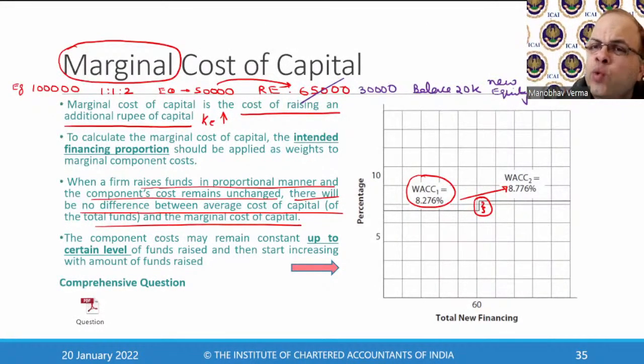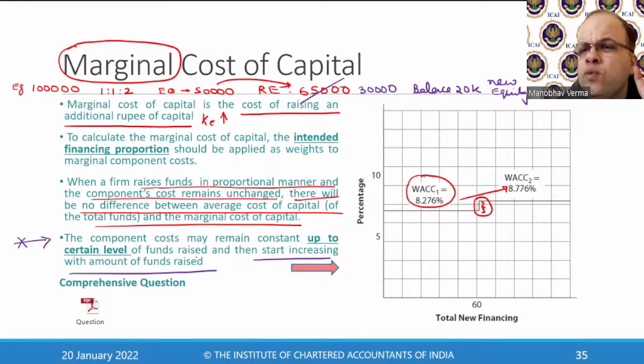I have to raise fresh equity share capital. So this is what we are talking about here. The component costs remain constant up to a certain level, and then they will start increasing with the amount of funds raised. Whatever funds I have to raise from the market, additional capital, that will definitely raise my cost of capital, guys.